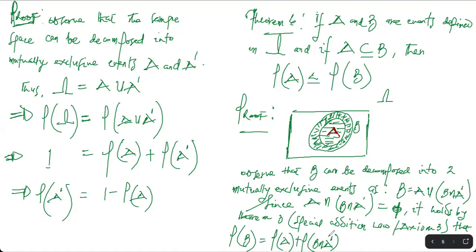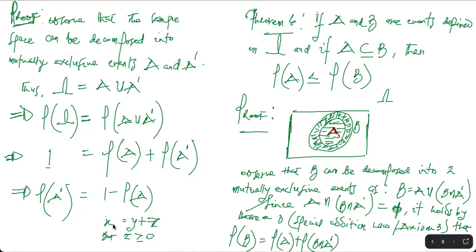What that means is that the probability of B intersection A prime is a legitimate probability, meaning that it would always be non-negative, which simply means that it will be greater than or equal to 0, right? Now, if you have some values, x is equal to y plus z, and this z is greater than or equal to 0, what does it mean?